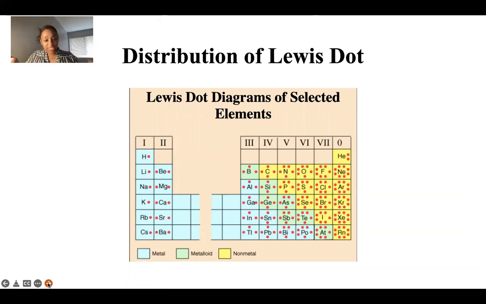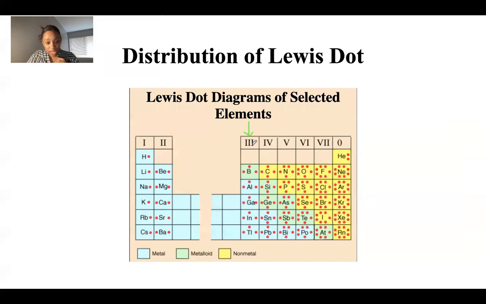This is kind of just baseline, right? It makes your Lewis dot structure knowledge easier when you just remember that in every column of the periodic table, the Lewis dot distribution is very constant, right?